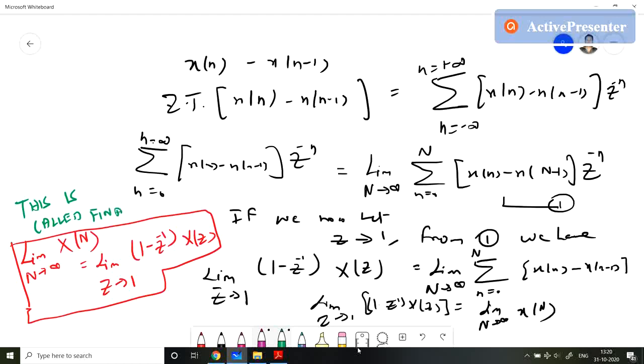In both cases we have considered that the signal is causal.